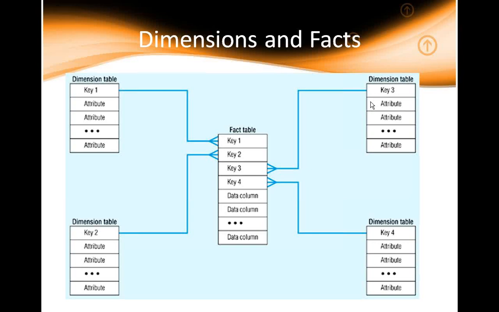But there can be another dimension table named city dimension. A particular city belongs to a particular state and a particular country. The entire information I am not storing in my customer dimension.